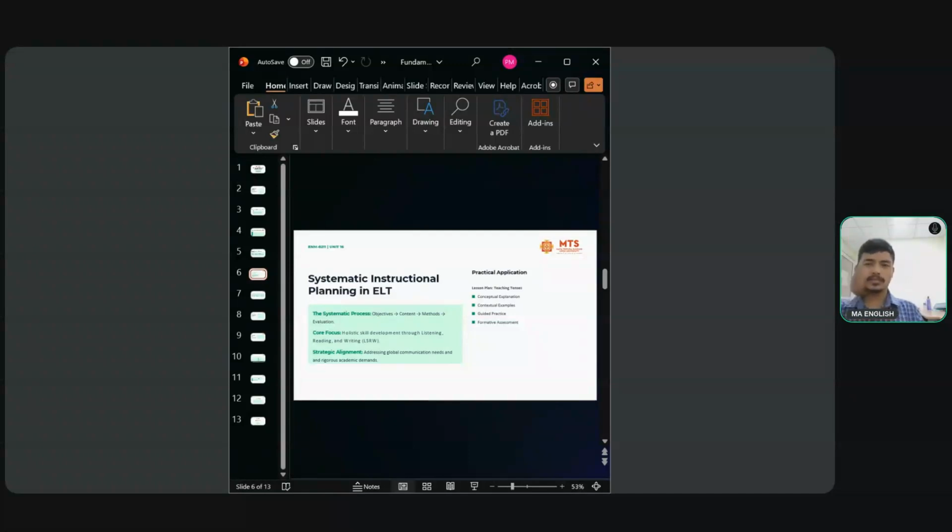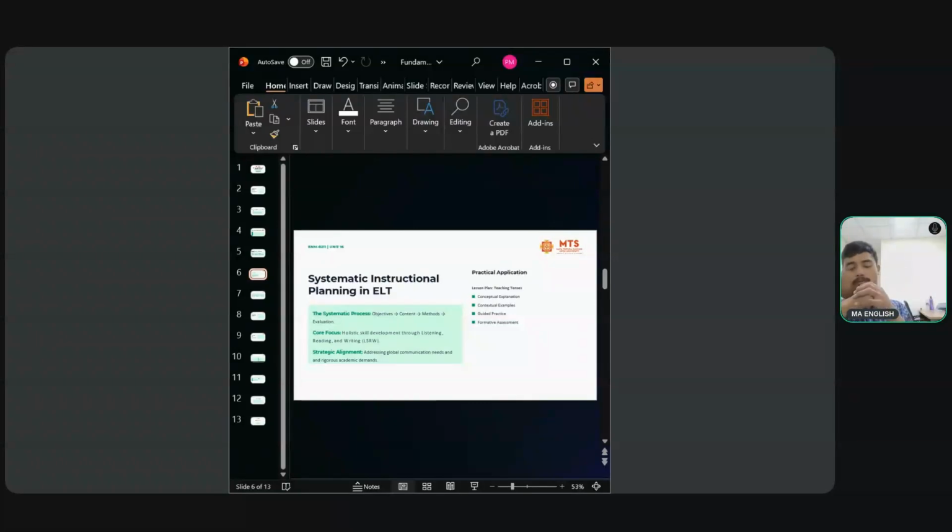Now, this slide also shows that instructional planning must address global communication needs, as well as academic demands. This is very relevant in today's world where students need English not just to pass exams, but to work, communicate, and compete globally.